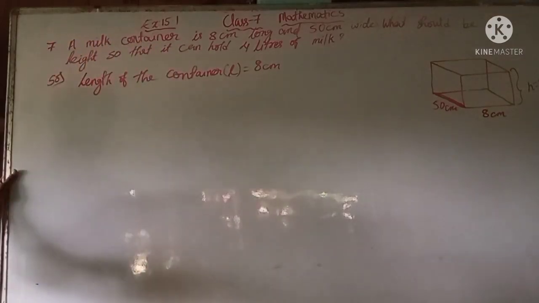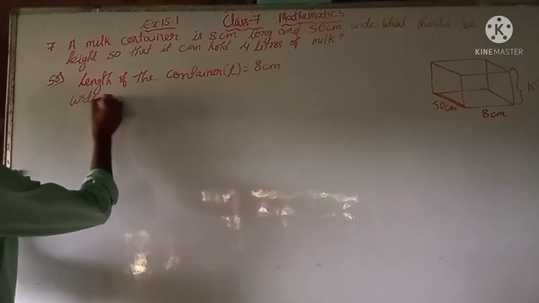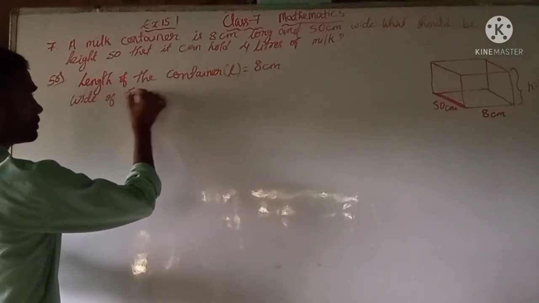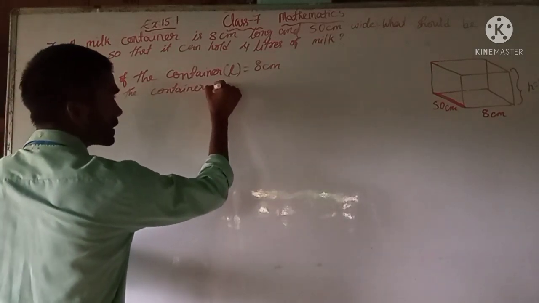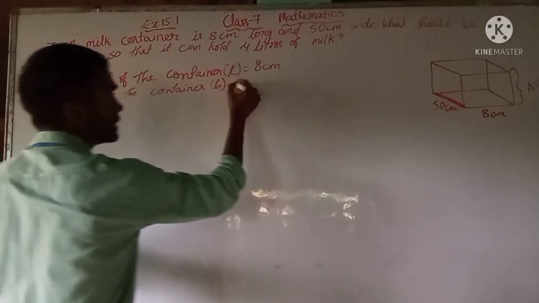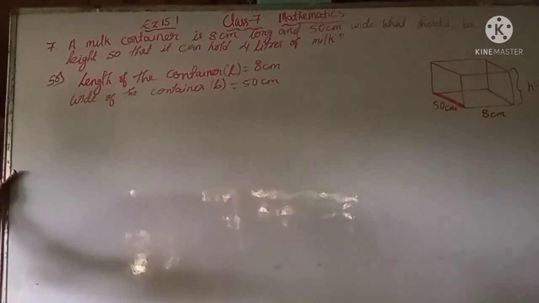Now again wide, that is the breadth, wide of the container, that is B, we will take it as equal to 50 centimeter. Now again we are asked to find the height.